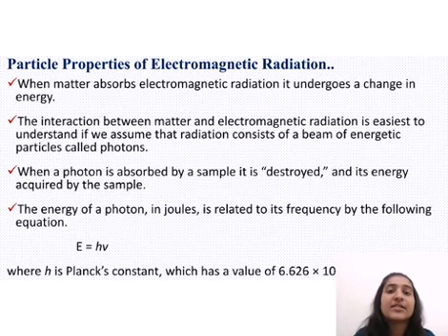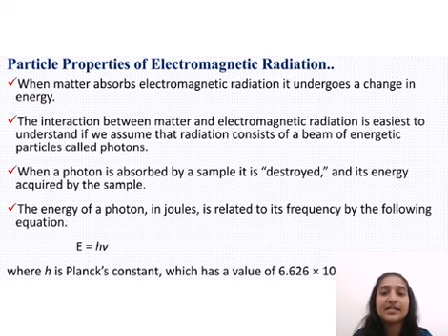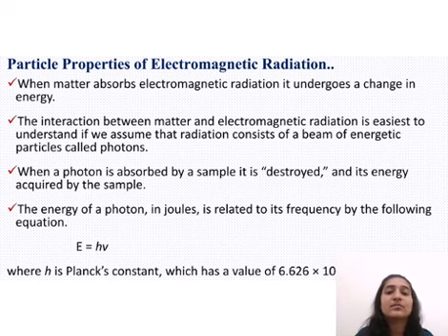Particle nature of electromagnetic radiation. When matter absorbs electromagnetic radiation, it undergoes a change in energy. The interaction between matter and electromagnetic radiation is easiest to understand if you assume that radiation consists of a beam of electromagnetic or energetic particles called photons. When a photon is absorbed by a sample, it is destroyed and its energy acquired by the sample.